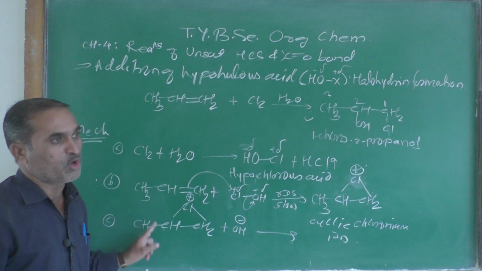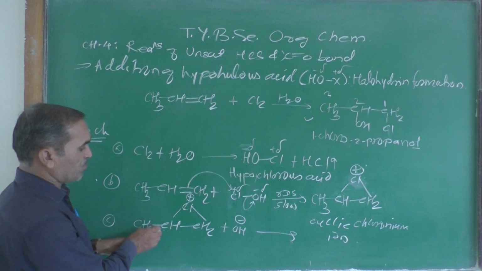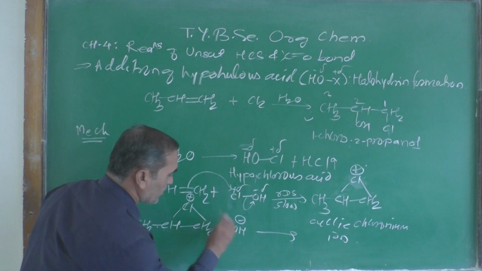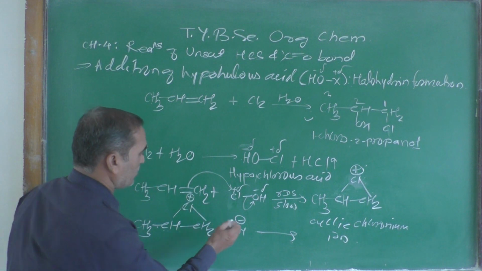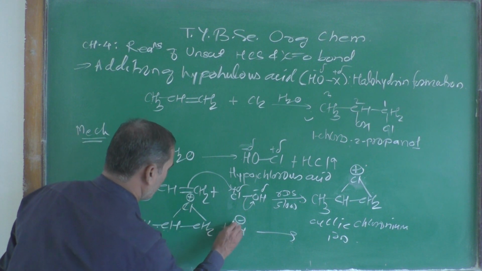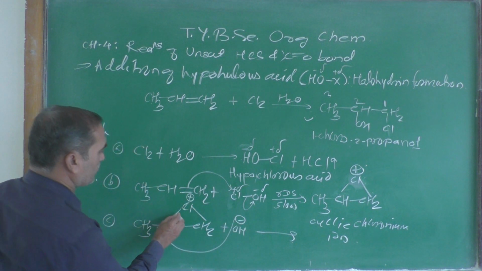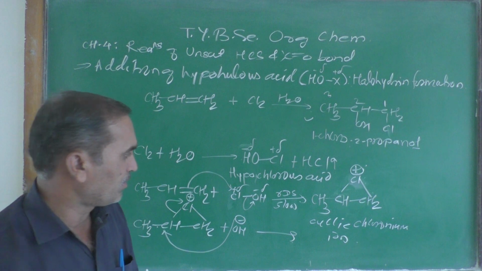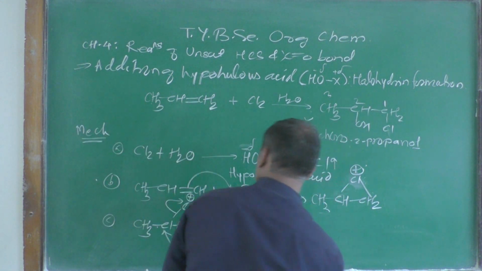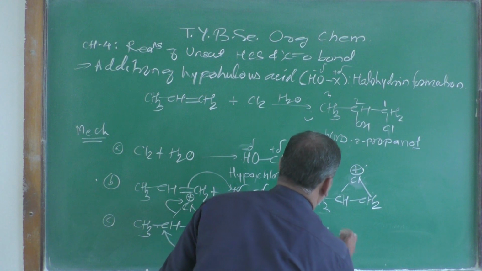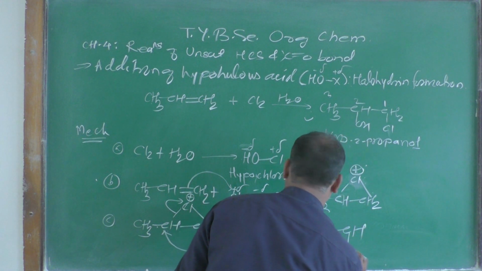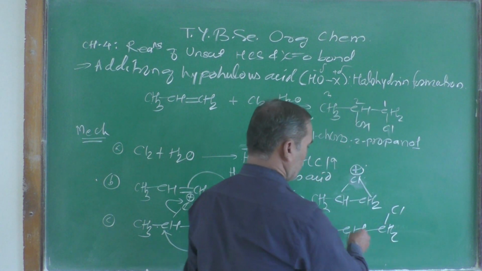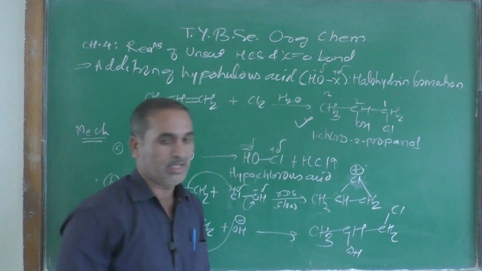This carbon atom is the more substituted one, because here is a methyl group, and here are 2 hydrogen atoms. Therefore the hydroxyl ion OH minus should attack the more substituted carbon atom, and this 3-membered ring gets opened, and you get the product, CH3, then CH, here OH, and this CH2Cl.